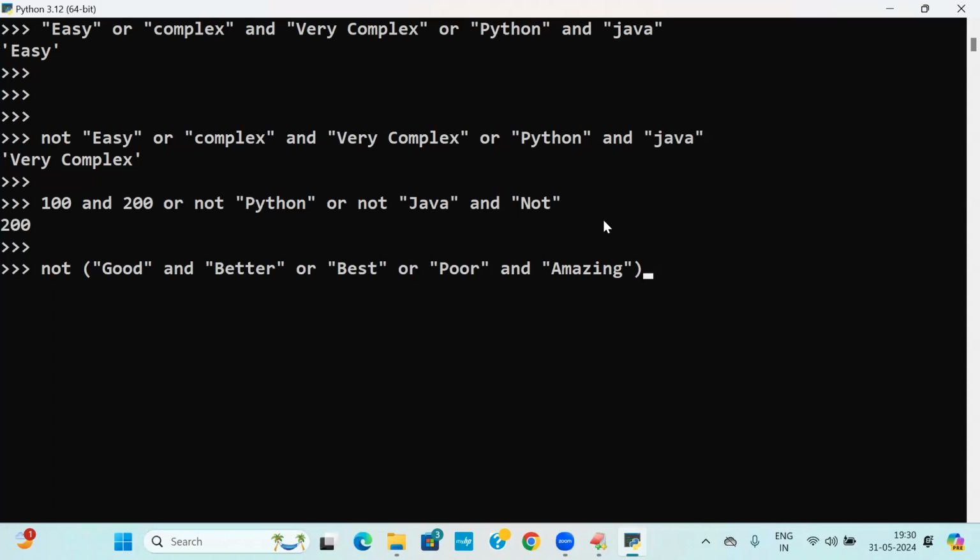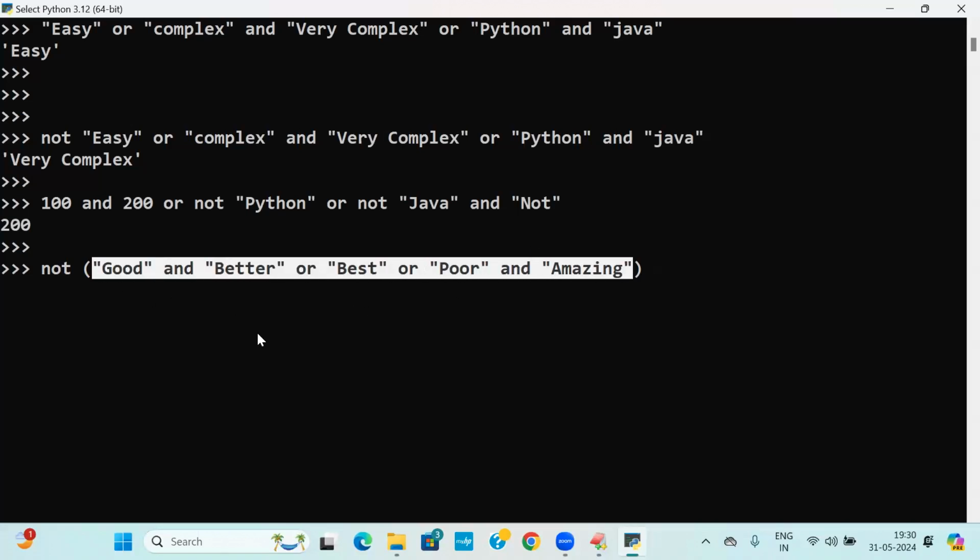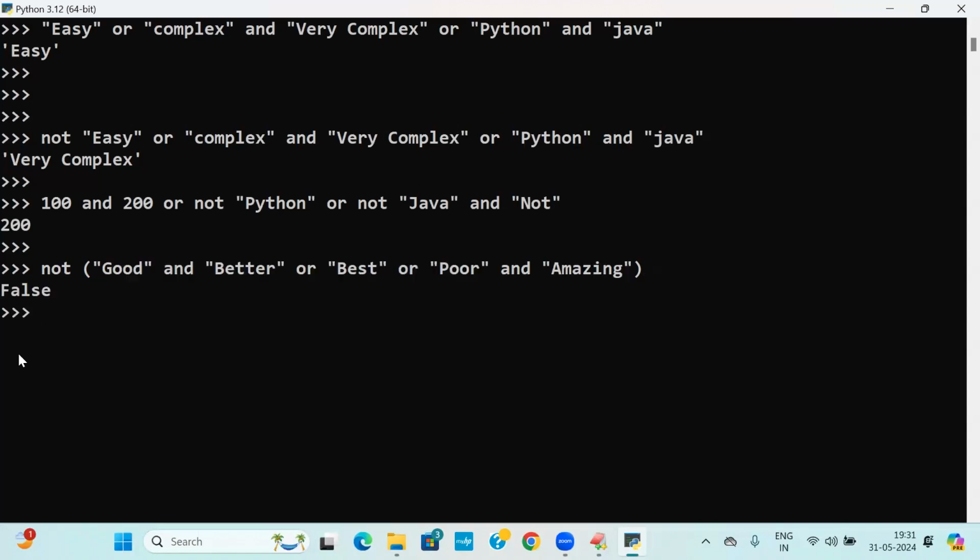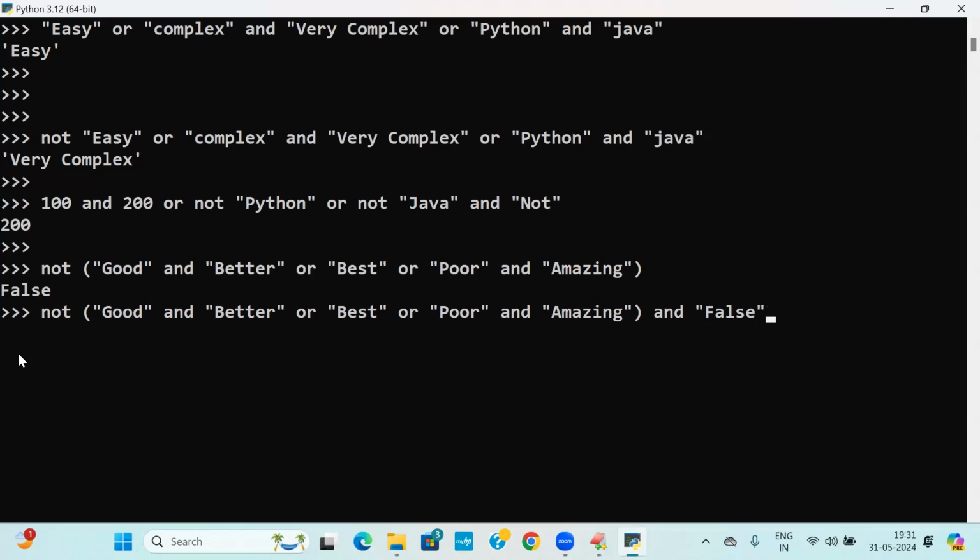False. Right. Here, by looking, need not do everything. Here, and, or, everything. First of all, non-zero things only. Non-zero will come. Non-zero, not of non-zero. Non-zero means true. Not of non-zero. False. Easy. Suppose if I say and, and, if I do like this, you see, false.